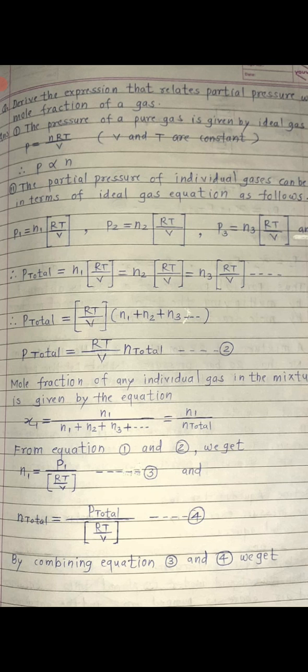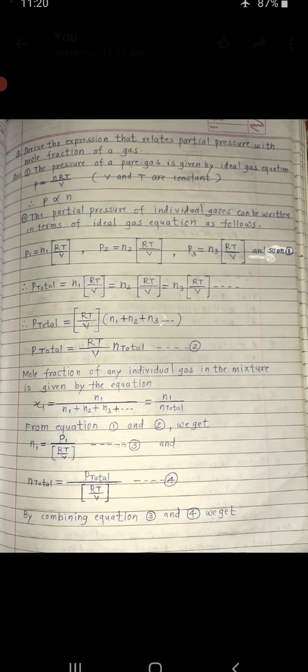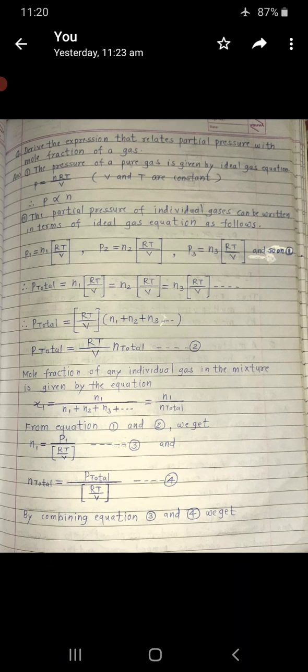So mole fraction of any individual gas in the mixture is given by the equation x1 is equal to N1 divided by total number of moles N1 plus N2 plus N3 and so on, and that is equal to N1 divided by N total.